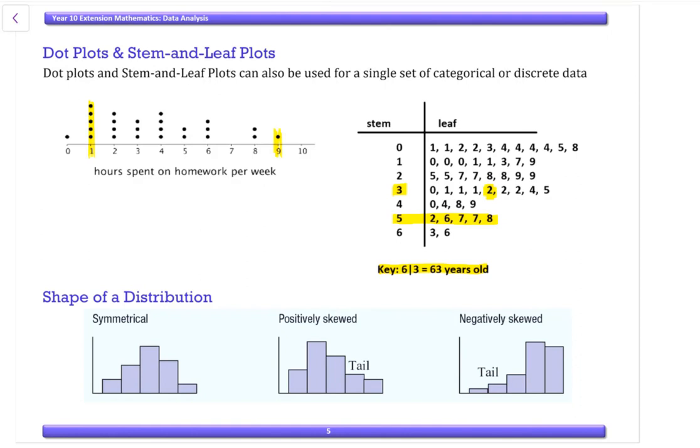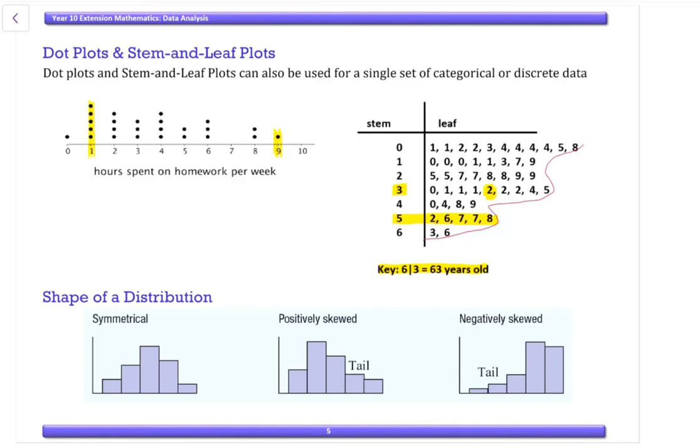So a stem and leaf plot gives us the shape of our distribution as well, because as you can see here, we can see that shape. So there's quite a lot of people that are in single digits here, not that many in the older categories. So the majority of people, if you looked at this distribution, are in the 30s or younger.